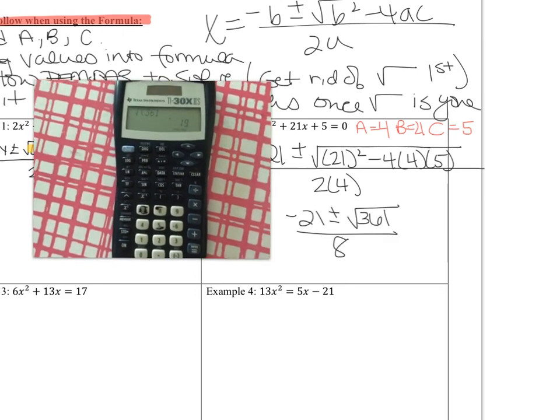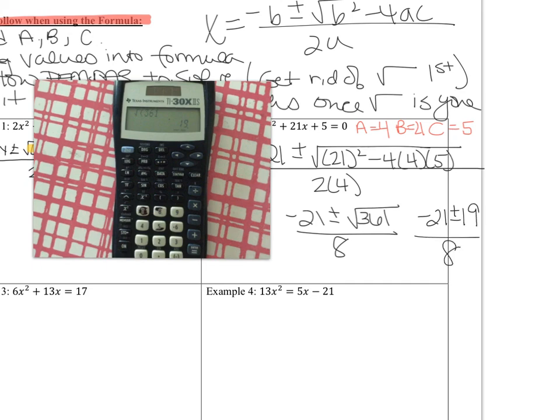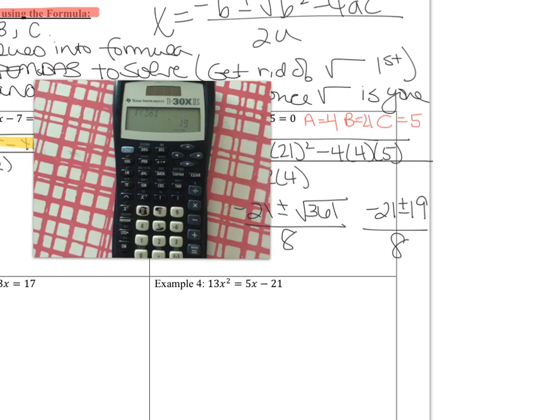So now I have negative 21 plus or minus 19 all over 8. So now I can split this into 2 directions. Negative 21 plus 19 divided by 8. Negative 21 minus 19 divided by 8.